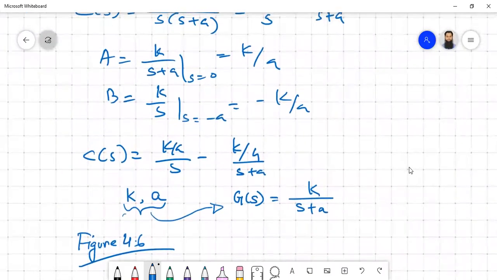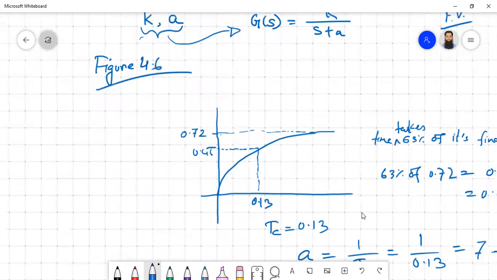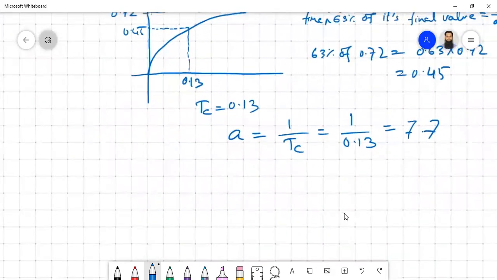If you look at this equation and take the inverse Laplace transformation, then you can easily find the final value. So c(t) is nothing but K by A minus K by A times e to the minus A t. This will vanish as t approaches infinity. So this is your final value, K by A. We already know our final value: the final value of the problem is 0.72.